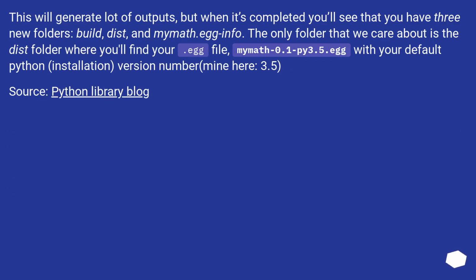It will generate a lot of output, but when it's completed you'll see that you have 3 new folders: build, dist, and mymath.egg-info. The only folder that we care about is the dist folder, where you'll find your .egg file, mymath-0.1-py3.5.egg, with your default Python installation version number, mine here being 3.5. Source, Python library blog.